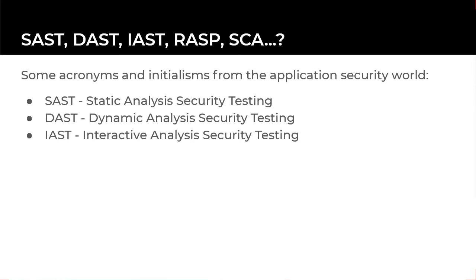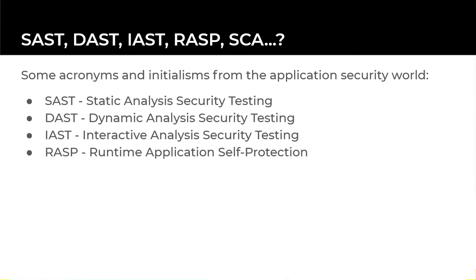Interactive analysis is fairly new and involves injecting sensors or monitors directly into the application code to perform self-analysis and detection during runtime. This would generally take place in a dev or test environment. I've not personally used any of these types of tools. RASP, or Runtime Application Self-Protection, is also relatively new.